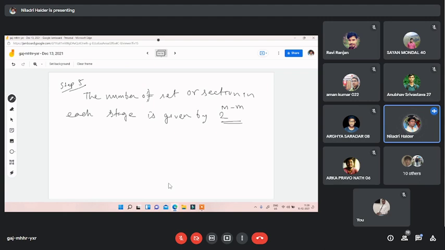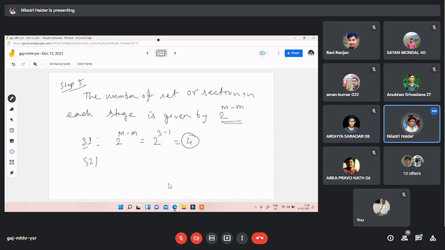Means how many sets you will have. For stage 1, 2 to the power capital M minus small m. So capital M value is 3 for 8 samples. Small m value is 1. So 2 to the power 2, that is 4.